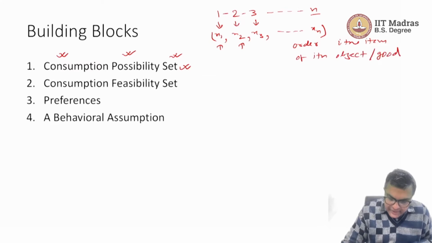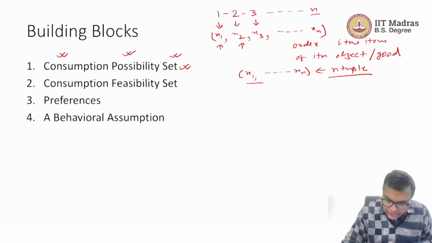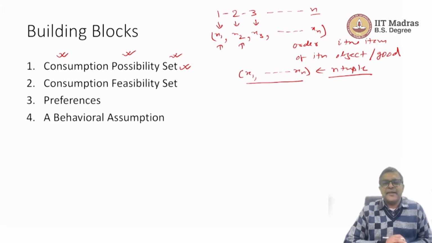So, we can say that the consumption set is the collection of all these n tuples. N tuple is a mathematical word that indicates they are in an order and they have n different elements. So, it is a combination of all these n tuples, and we will talk about it a little bit more.